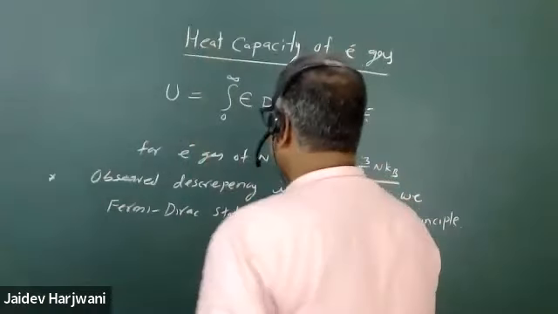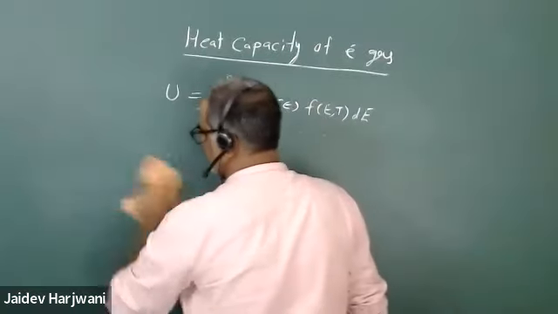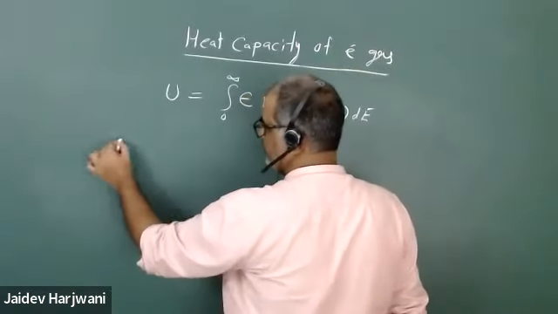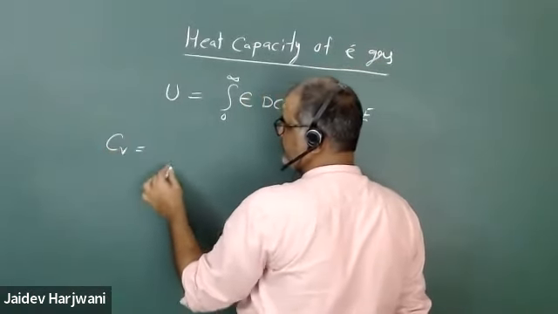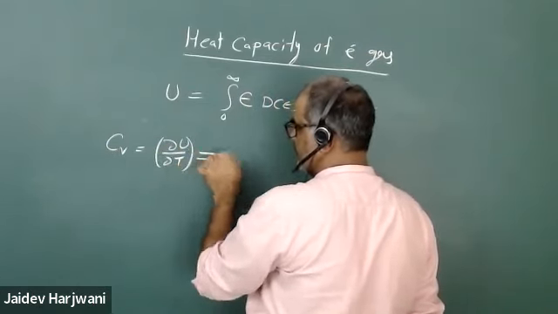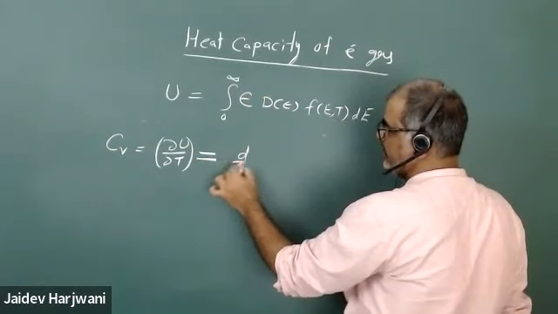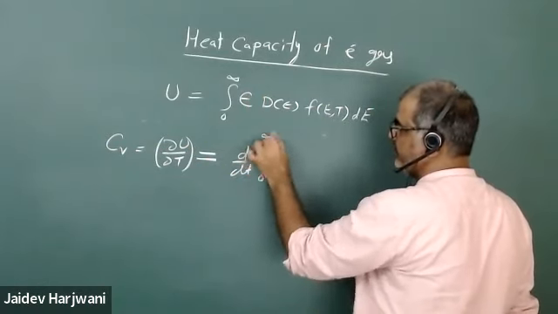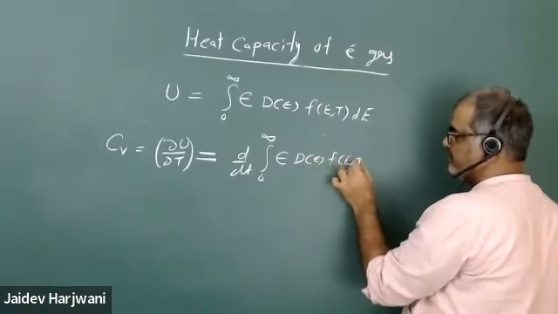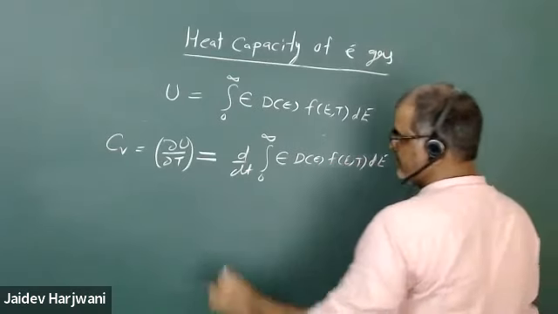Now I need to calculate the specific heat. In order to do that, I need to differentiate this equation, del U with respect to temperature. So this becomes d by dT of the integral from 0 to infinity of E g(E) f(E,T) dE.